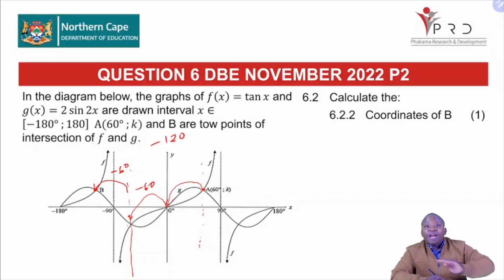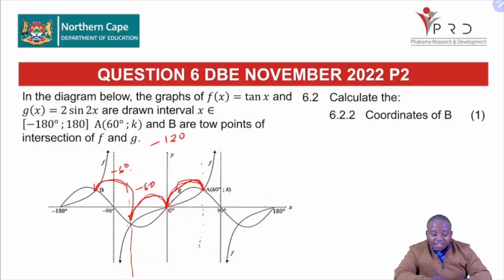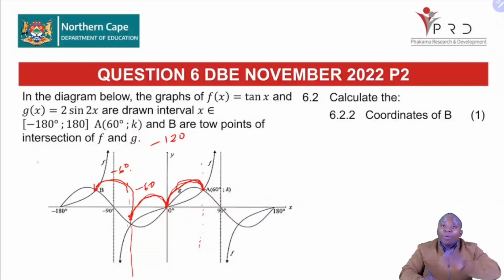So we can see how we found that value using symmetry. From here to here it's 60, and from there to another point again it's 60. If I had another point of intersection, when I repeat the graph, it's going to be again negative 60.